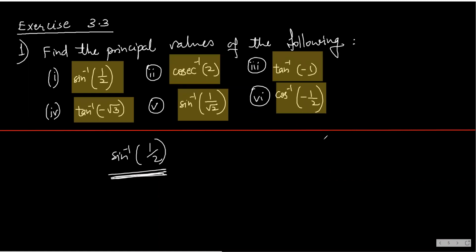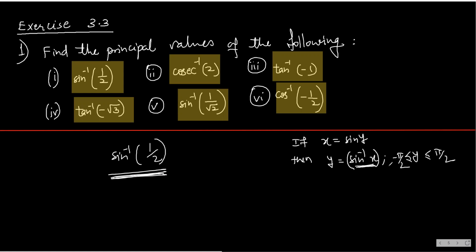What was the definition? If x equals sine y, then y equals sine inverse of x, and y was between minus pi by 2 and pi by 2. You see this, you are writing y, that is the angle part.